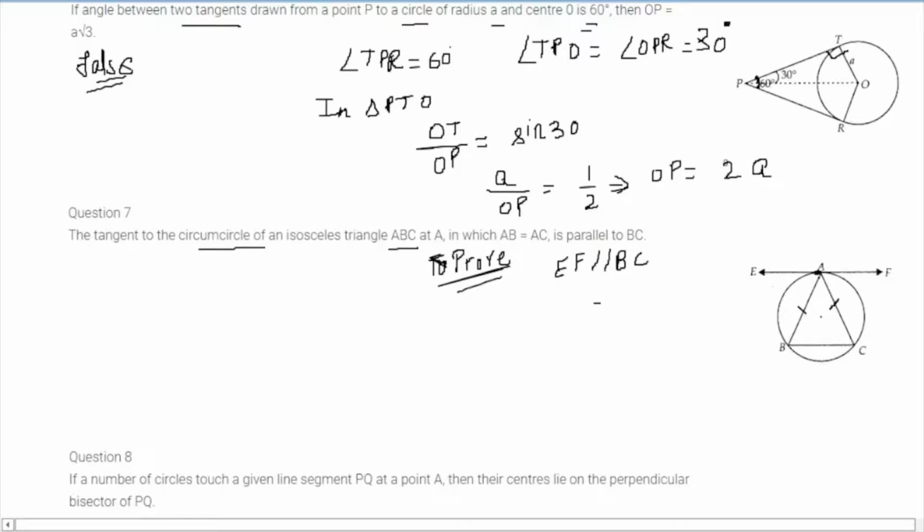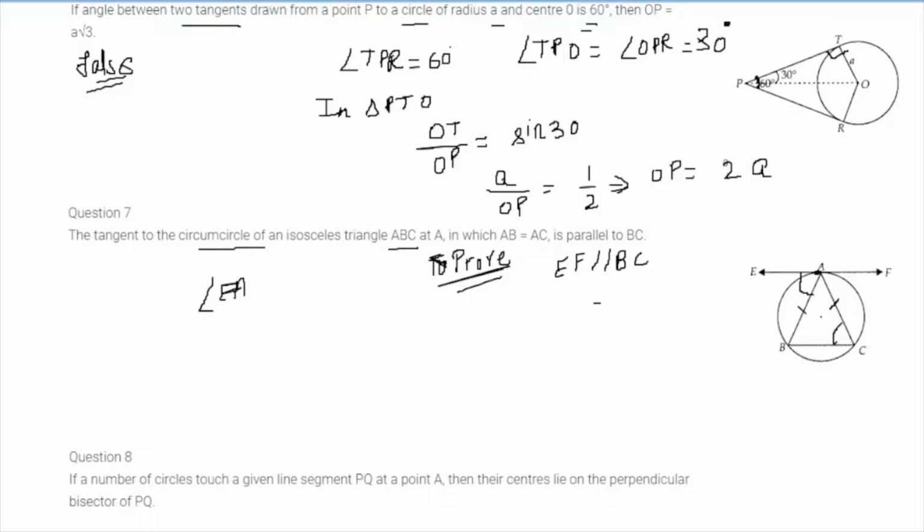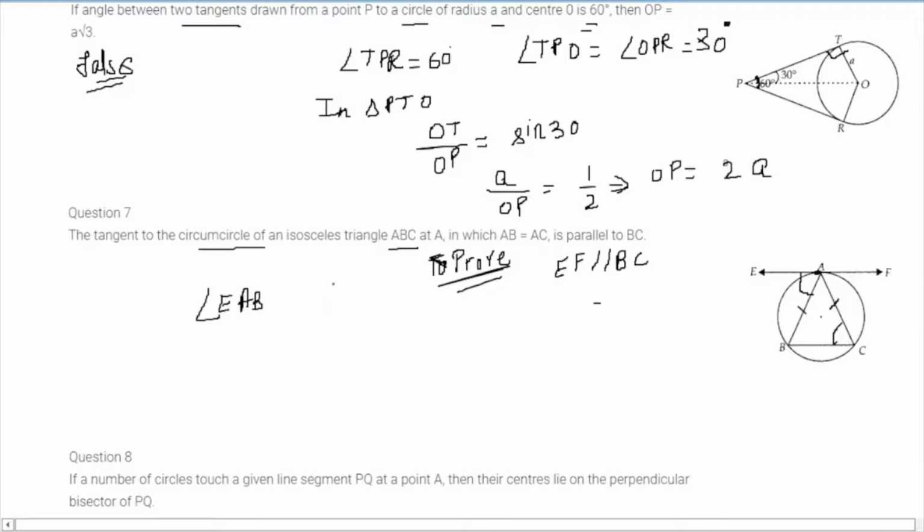So what can we say about angle EAB and angle ACB?